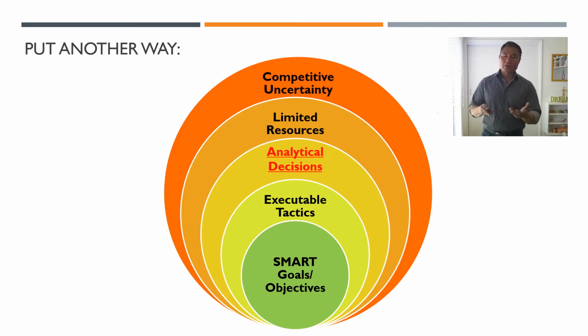So after you've realized that you have these limited resources, the biggest circle, which I guess symbolizes the situation around you, the context that you find yourself in, is this idea of competitive uncertainty. I mentioned before how all this stuff is happening around you in the business environment or in the war environment. People are trying to do things that literally have the opposite goals of what you're trying to achieve.